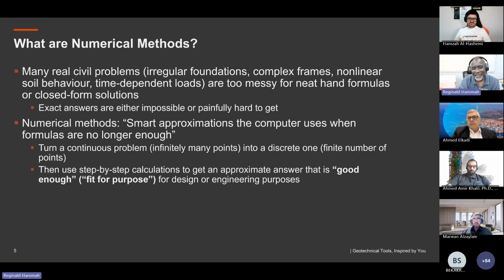As someone put it, they are smart approximations using the computer. So today we use a computer to do all of this. When formulas can no longer be used, how do we apply an approximate method?